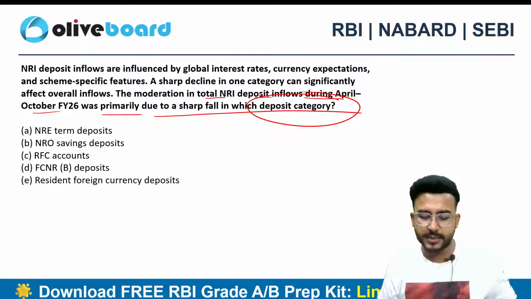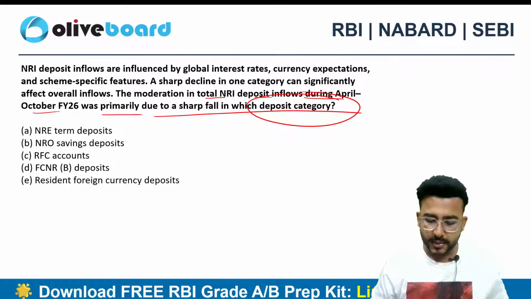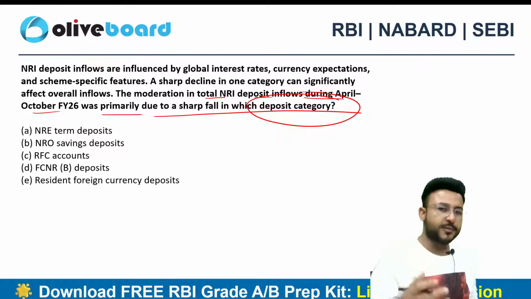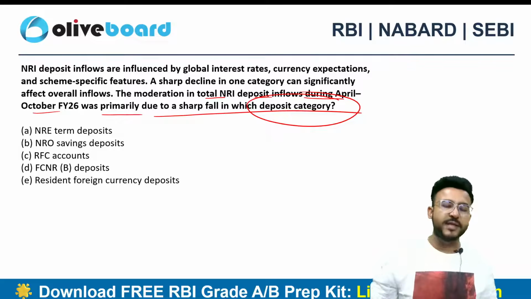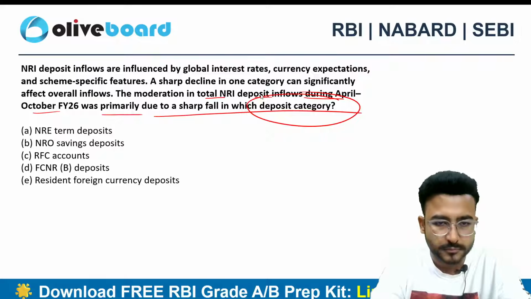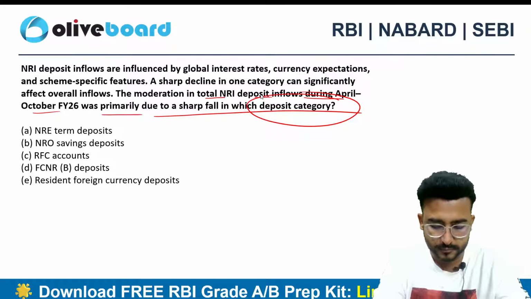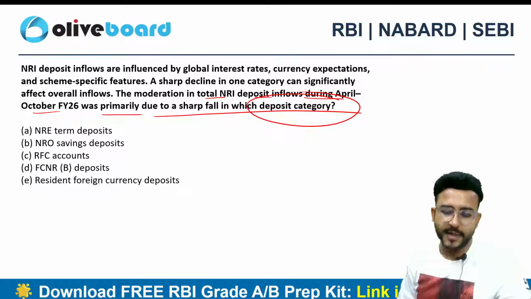Which was the deposit category because of which there was a decline in the total NRI deposit? So what is the driving reason for that? Which account is the driving reason for that?